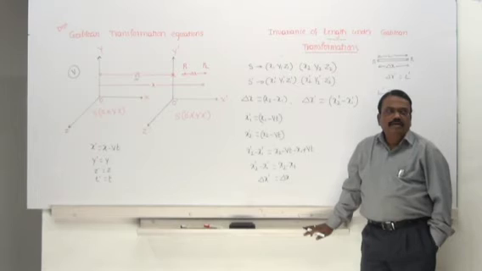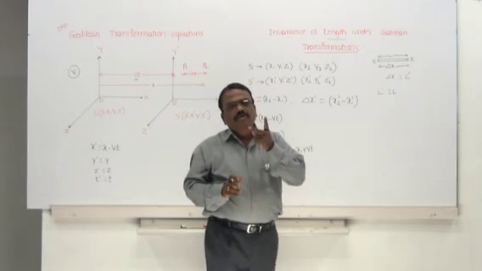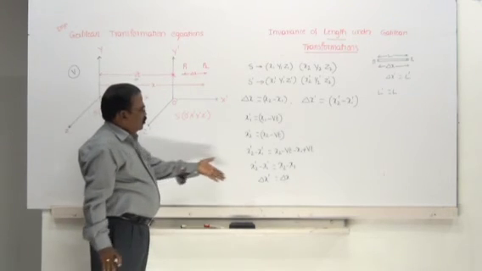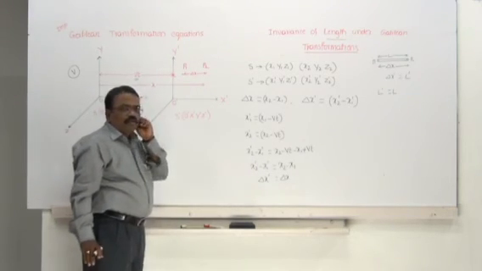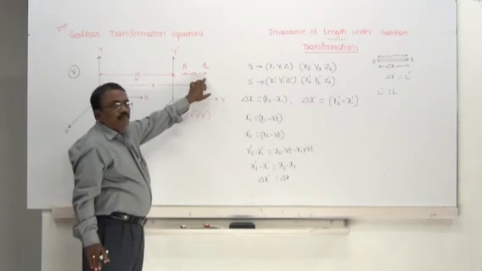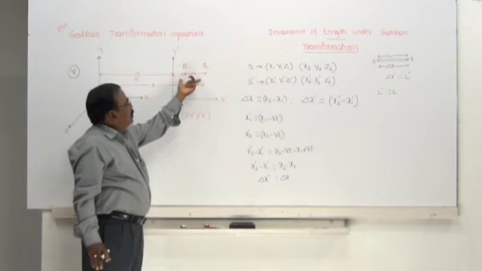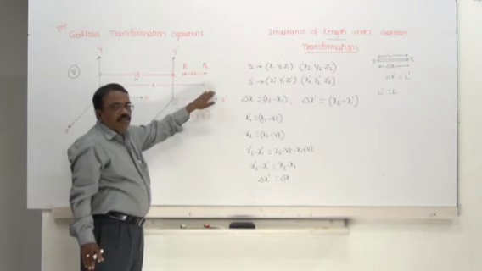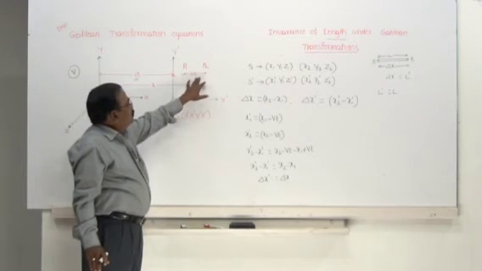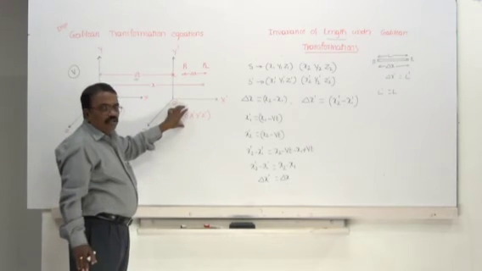Now repeat once again. Suppose there are two events. We have to show that delta x dash is equal to delta x. Suppose there are two events P1 and P2 separated by some distance along the x-axis, and these two events are observed from frame S and frame S dash.